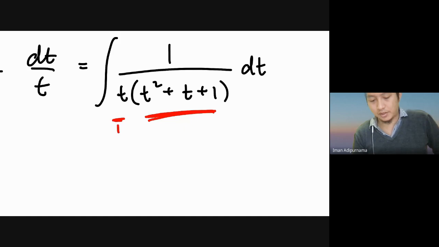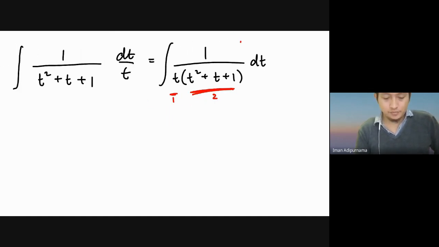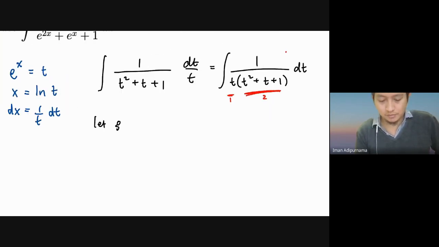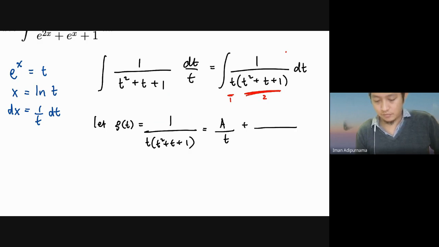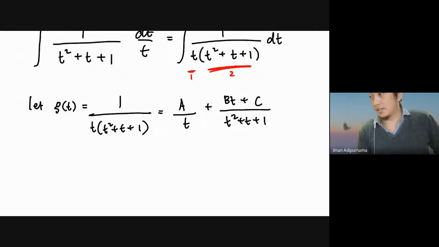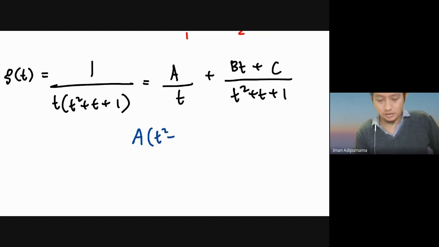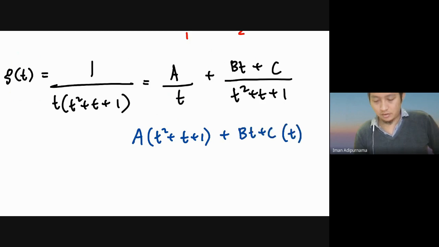So we can write down some functions, this is equal to this, and we find the partial fractions first. A, B, and C are constants.